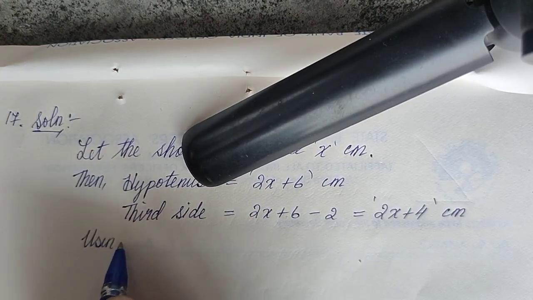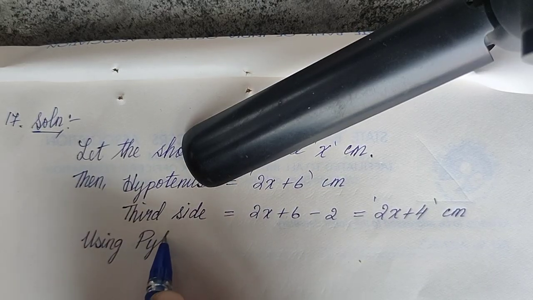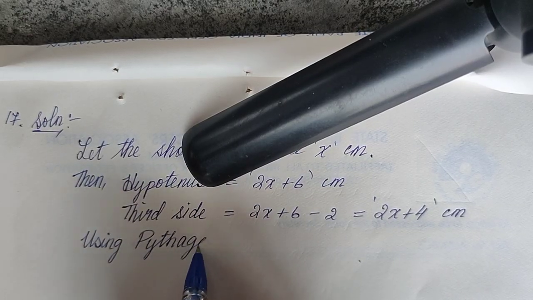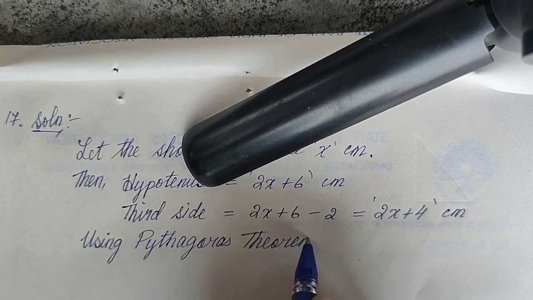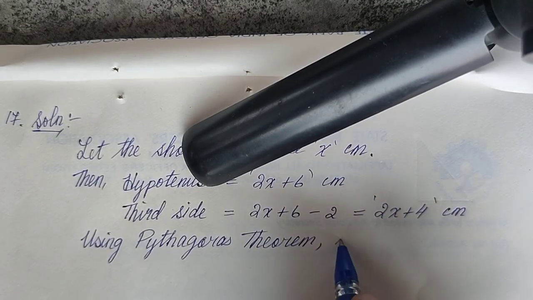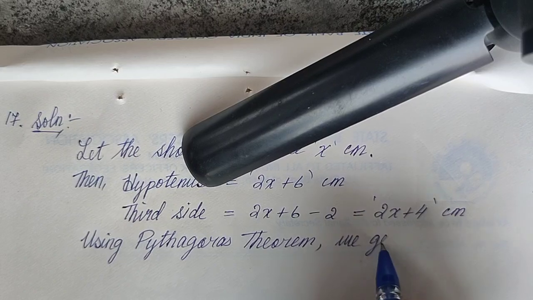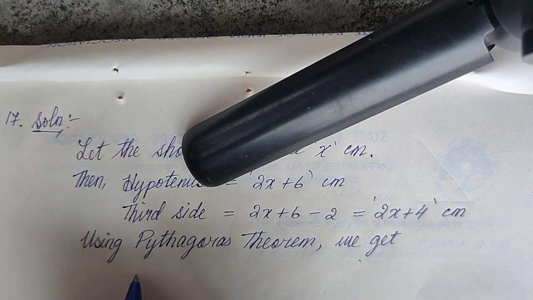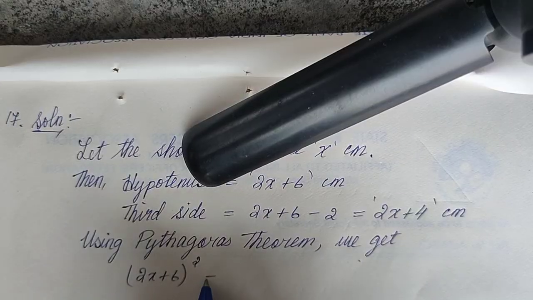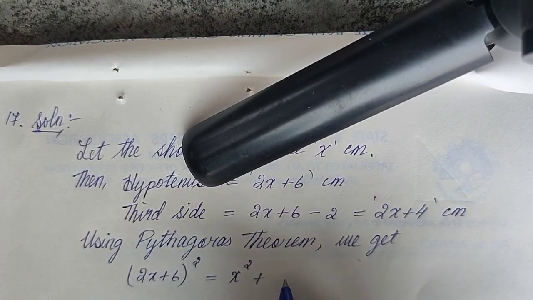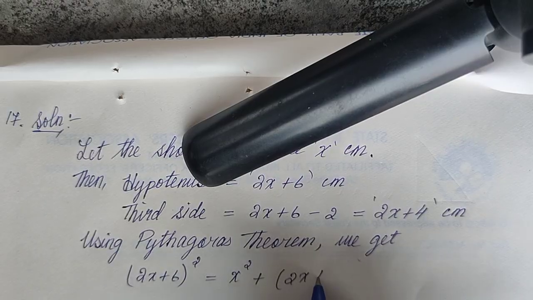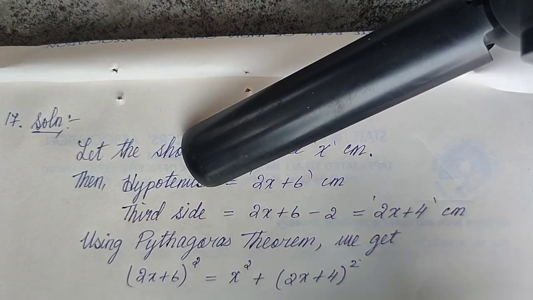Using Pythagoras theorem, hypotenuse square is equal to shortest side square plus third side square: (2x plus 6) whole square is equal to x squared plus (2x plus 4) whole square.